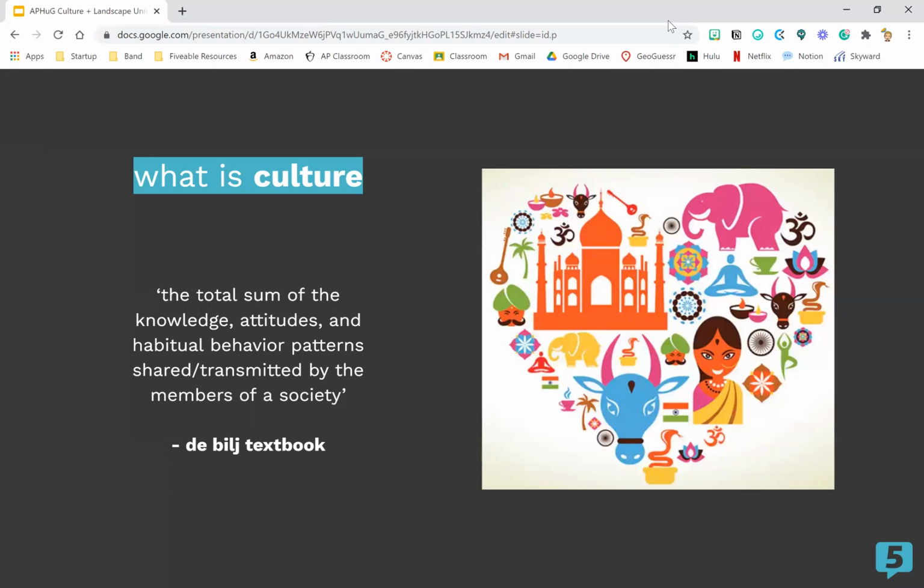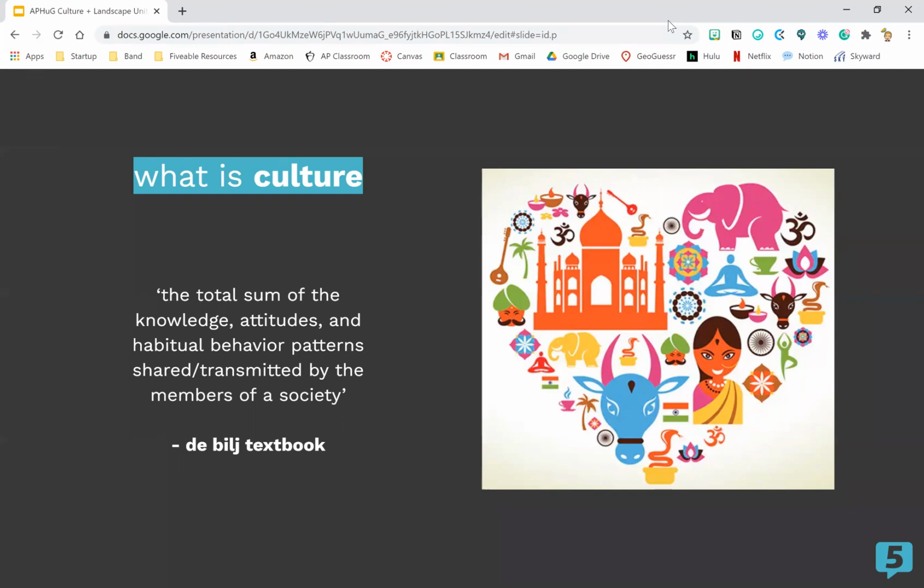So basically you have all of these things they're exposed to, and on the image on the right I have a lot of things that are involved in the culture of India. You can see the sari that the woman is wearing on the bottom right. You can see the cow because the cow is a very sacred animal in the religion of Hinduism, and you will probably learn about that in a few weeks in your AP class.